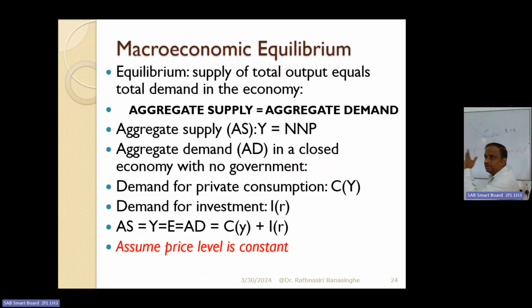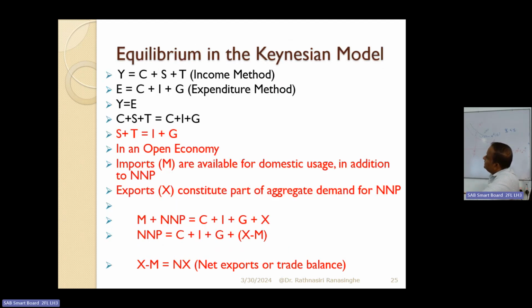Later on, we relax the price change and can see how prices affect aggregate demand and aggregate supply, but we are not supposed to discuss all these things. Here the price level is constant; we are not talking about prices.